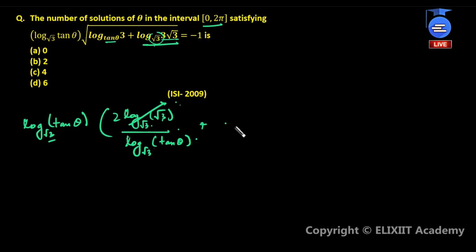First of all, let's simplify this. Here we have log 3 √3. We can write this as log 3 base √3 plus log √3 base √3. Log AB is what? Log A plus log B. This part is becoming what? 1.